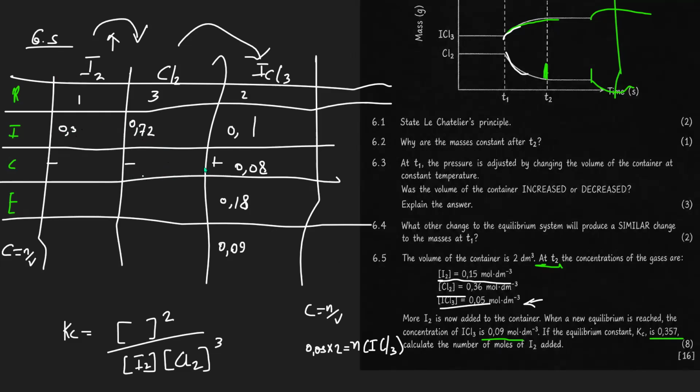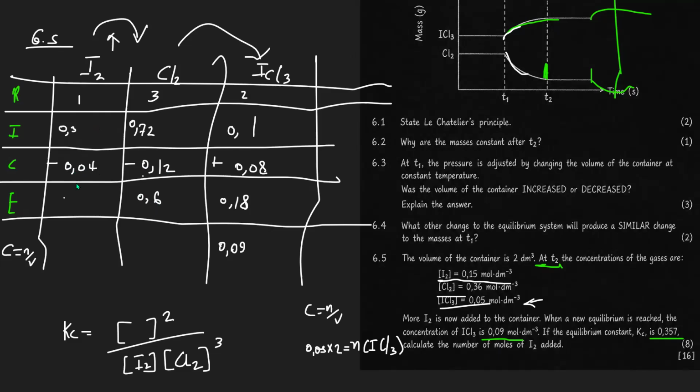Be careful here now, using the molar ratio, 3 whatsoever, so we know how much this is going to be. We're going to have 0.12 here using the molar ratio, and then we have 0.6, and then this one is going to be 0.04. Okay, and then we have 0.